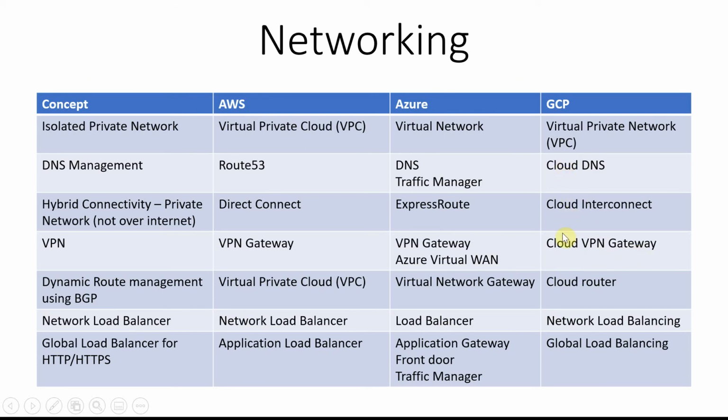Again, Cloud is repeating here. Cloud VPN Gateway is the GCP solution, and this is over the internet. Just the opposite, the previous one is not over the internet; it is private connectivity. All these cloud vendors are expanding in terms of networking.